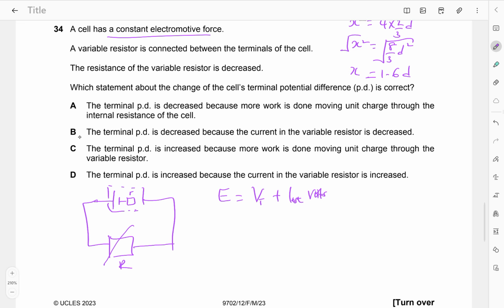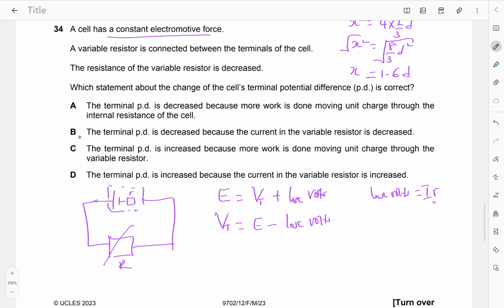Which statement about the change of the cell's terminal PD is correct? Let me make terminal PD the subject. Terminal PD is going to be EMF minus the lost volts. Remember, the lost volts is equal to the current through the battery times the internal resistance.